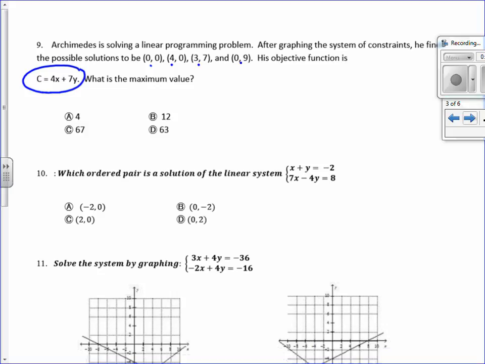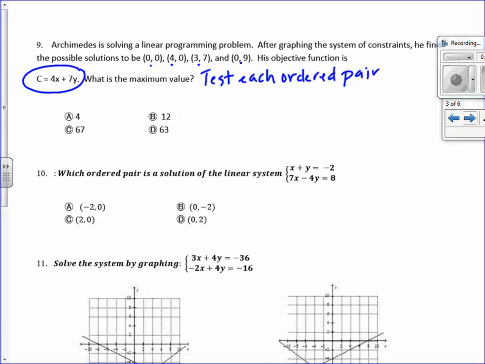What are we trying to figure out with the system? So what we do is we have to test each point and then see which one gives us the largest value. So test each ordered pair.